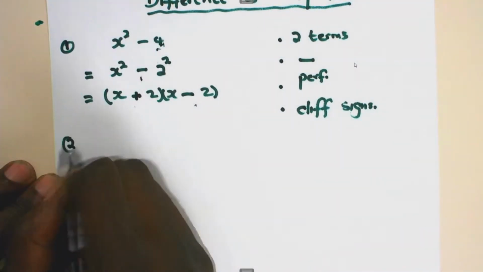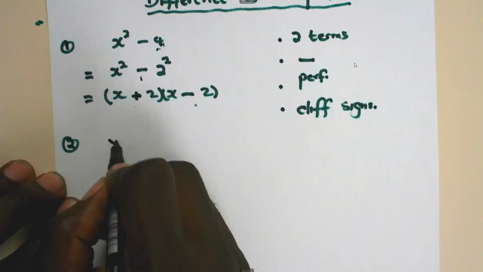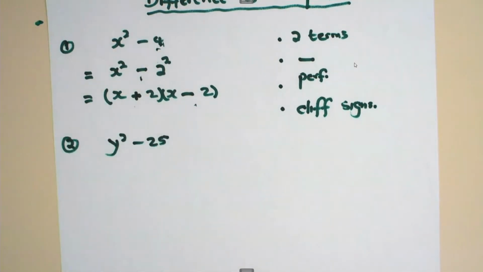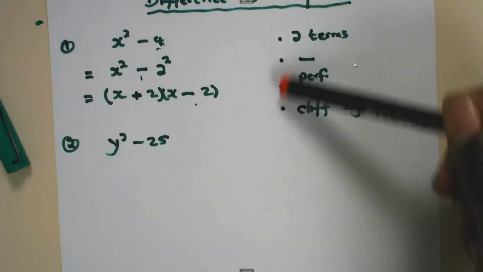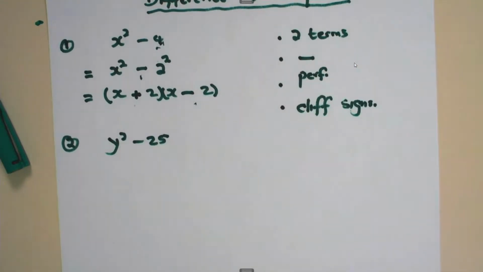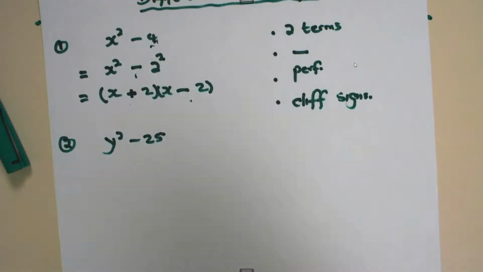Example number 2 is where we have, let's say, y squared minus 25. We still follow the same procedure. There are 2 terms, they are separated by a negative sign, the numbers are perfect, and the signs inside the bracket must be different.